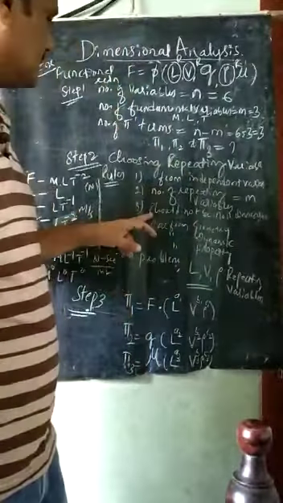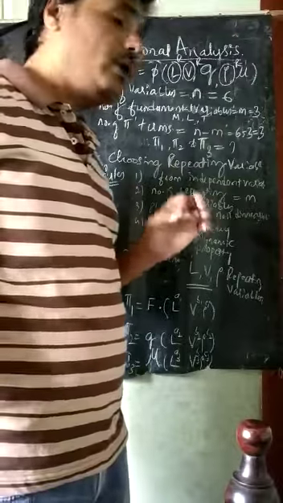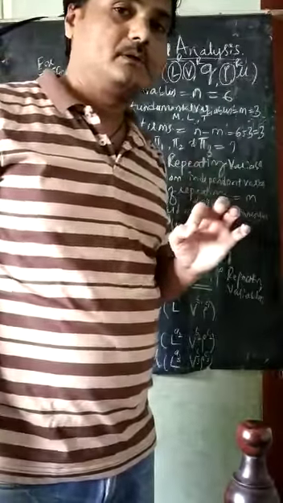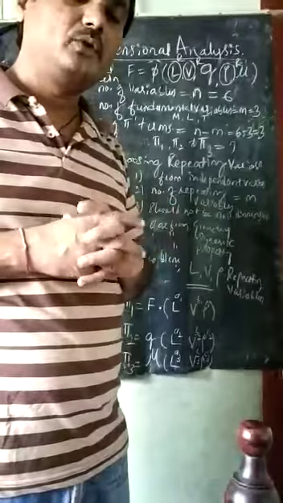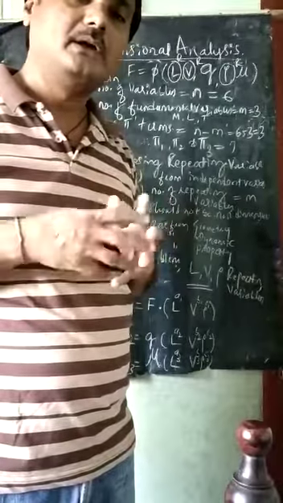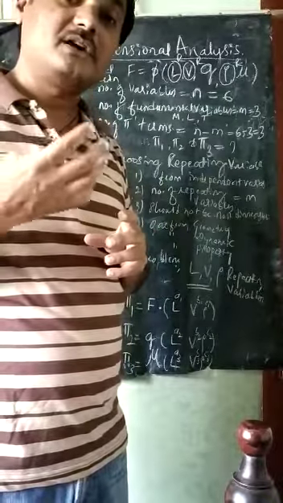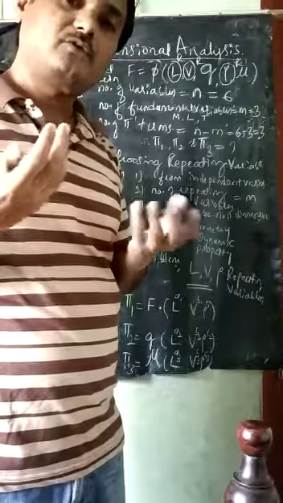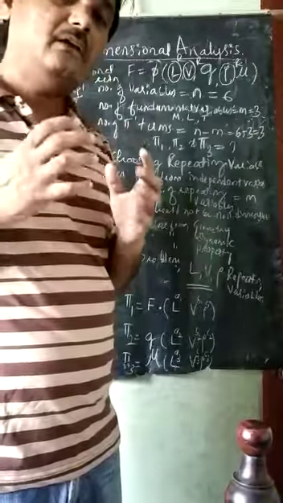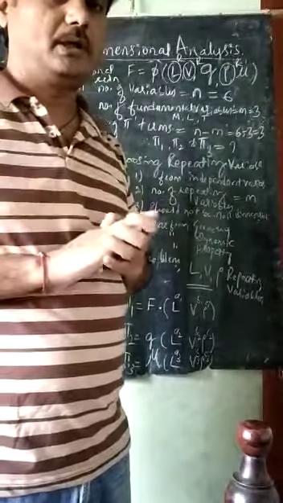Next, the third rule is that it should not be a non-dimensional variable. For example, efficiency is non-dimensional, it does not have any unit. Some coefficients are non-dimensional. Coefficient of discharge, CD, is also non-dimensional. That kind of variables we cannot choose as repeating variables.